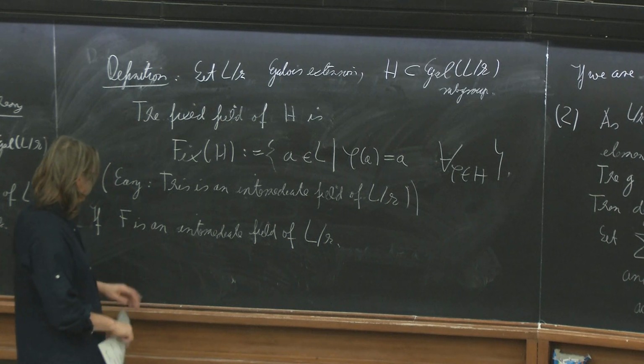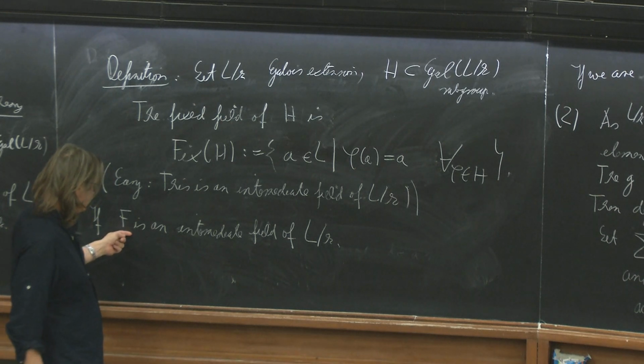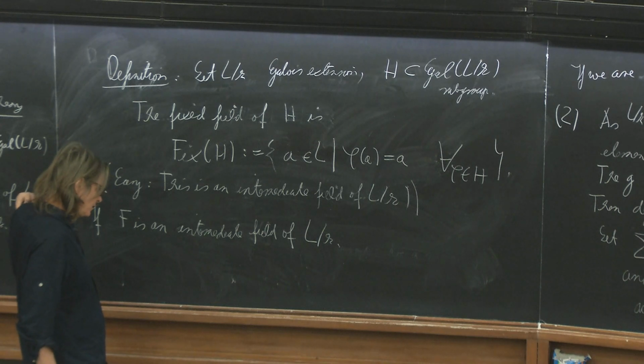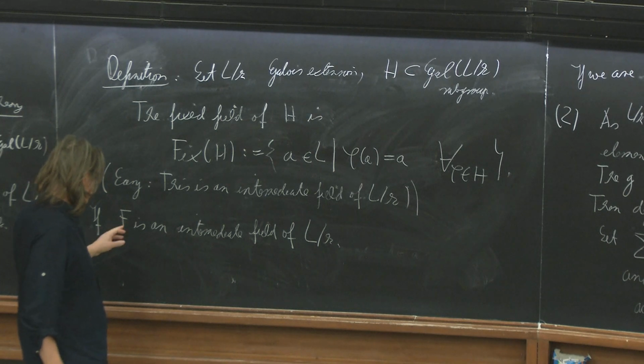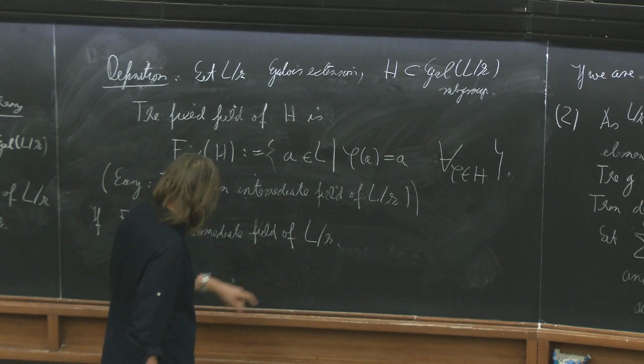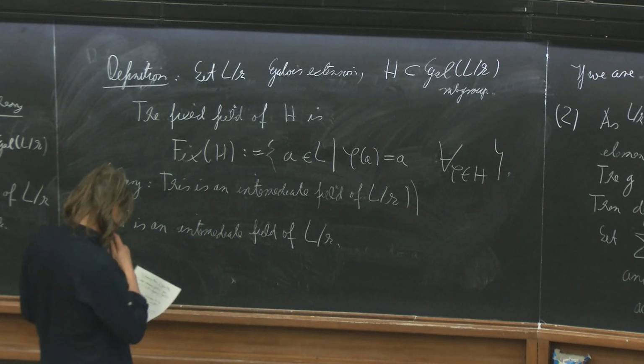Well, I can take the group of all F automorphisms of L, so of all automorphisms of L which are the identity on F.